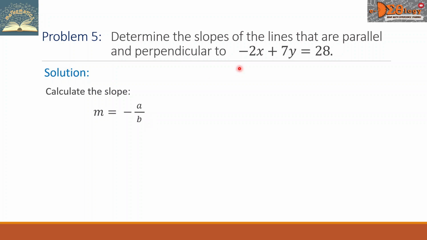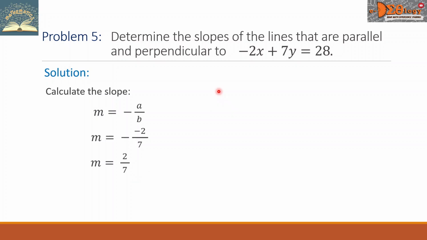A here is the coefficient of x and b is coefficient of y. So when we substitute, we have negative and the a is -2 over b, that is positive 7. When we simplify, negative times negative becomes positive. So m equals 2 over 7.